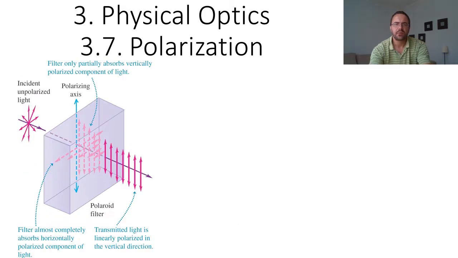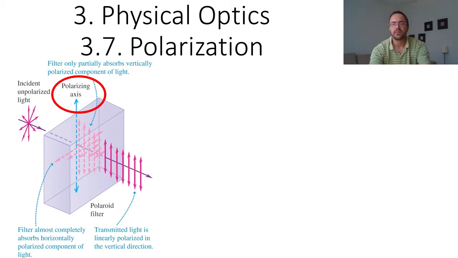We can also polarize light using a polarizer. A polarizer is a material that will absorb one of the polarization components. So let's say that you have unpolarized light going through a polarizer. The light is unpolarized, so it contains many different polarization components. And if the polarizer has a vertical polarizing axis, then it will absorb the light that is polarized horizontally.